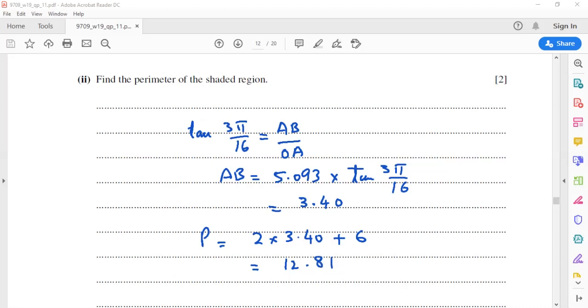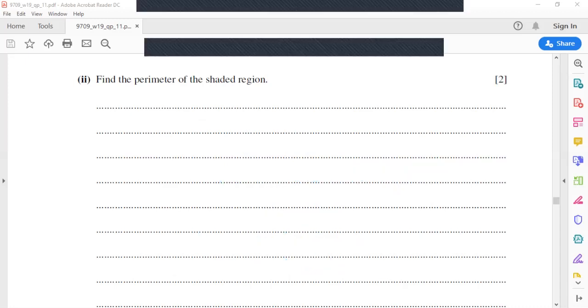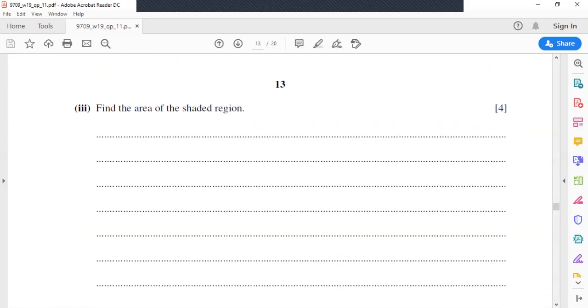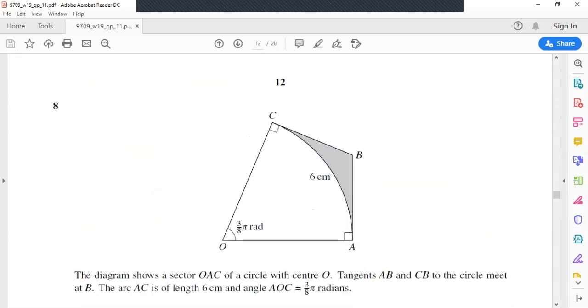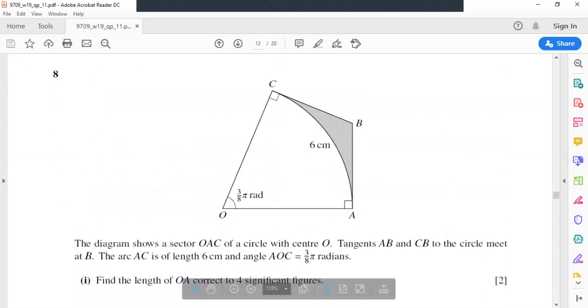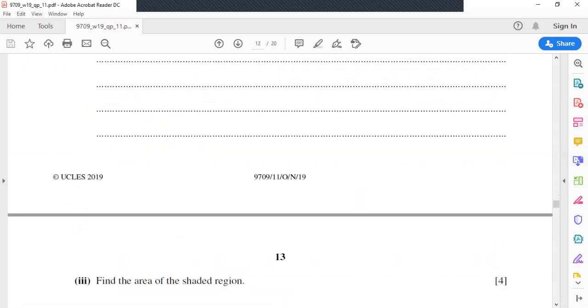Now in the next part, he is asking for the area of the shaded region. For the area of the shaded region, let's find the area of this whole shape first. Since this is a triangle and an equal triangle over there as well, we take half base times height, OA and AB, and then find the area of the sector, and subtracting them both, we'll be able to get the area of the shaded portion.